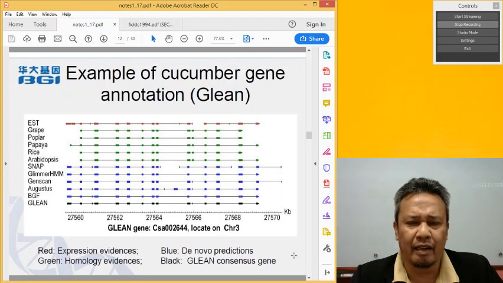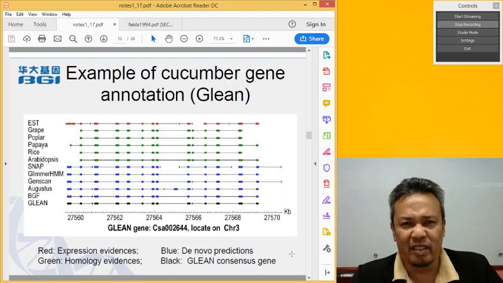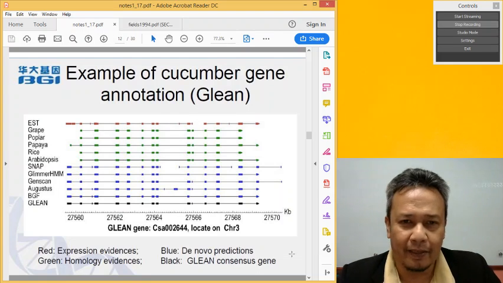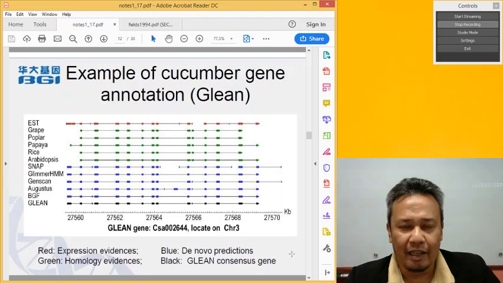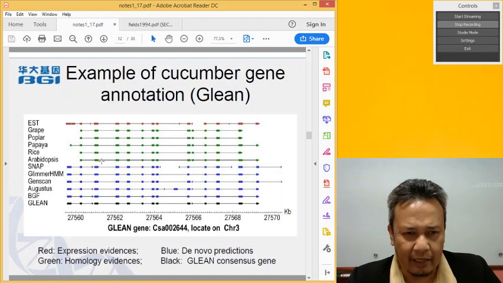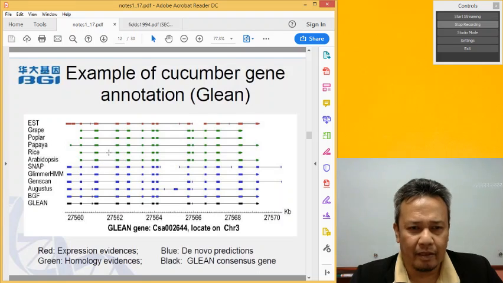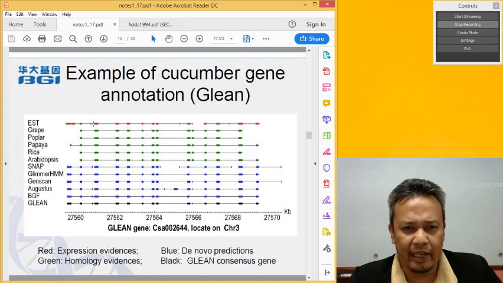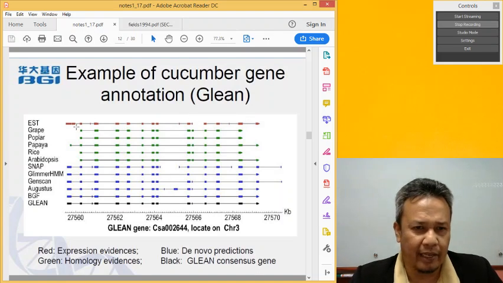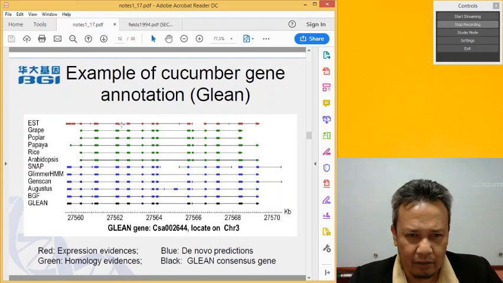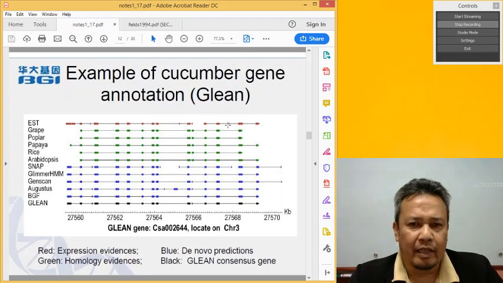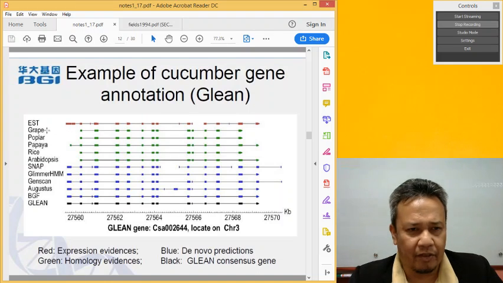Then there is software that looks at the results of various other software. For example, the Glean software combines them. Here's an example. From the EST database, that is the one in red, and it suggests that the small red boxes here are genes. They compare it with different organisms.